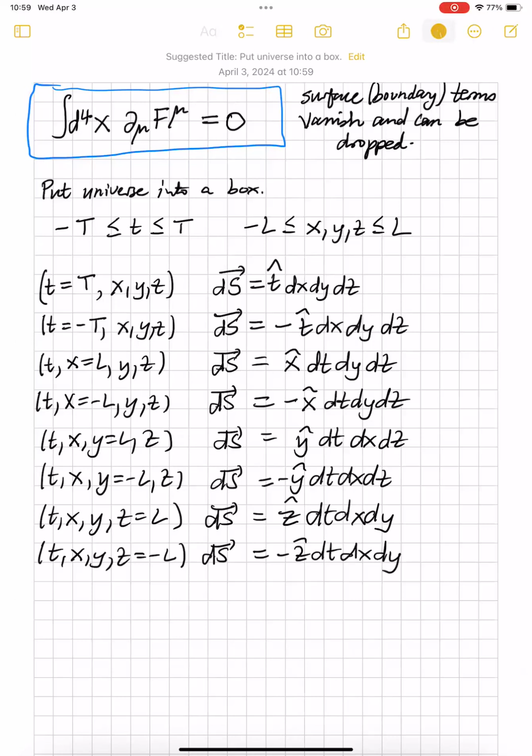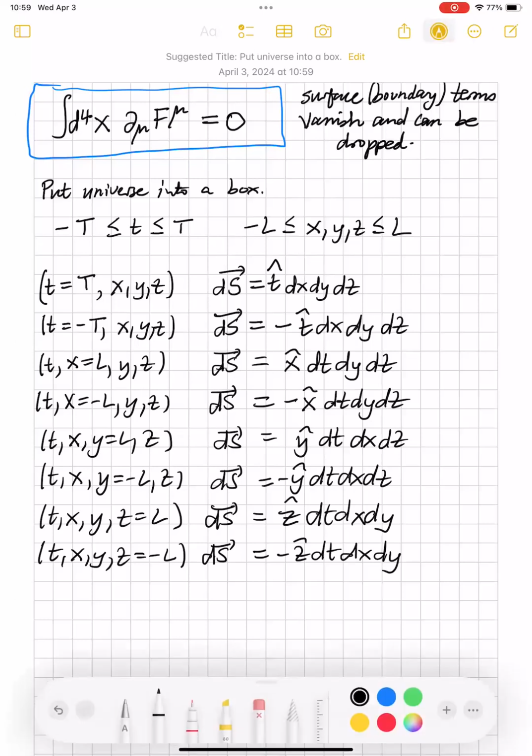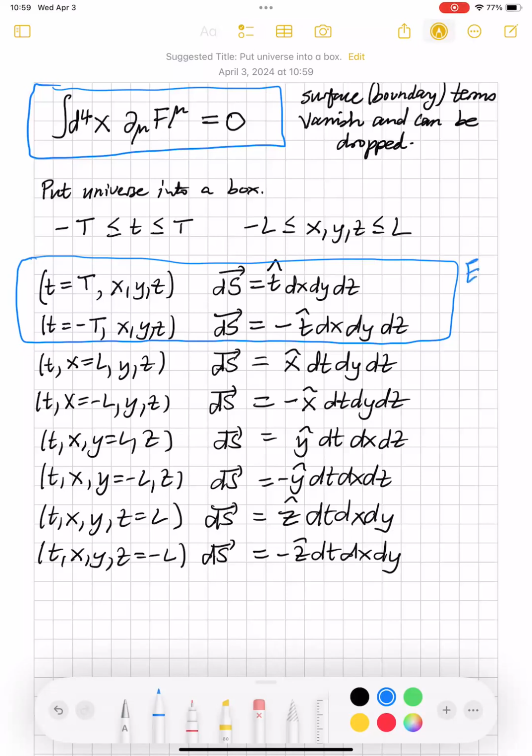Good. Now, I want you to notice something. If we integrate over these two sides of the box, can you see that integrating over these two sides corresponds to integrating over a Euclidean space? Why? Because we're integrating over x, y, and z.